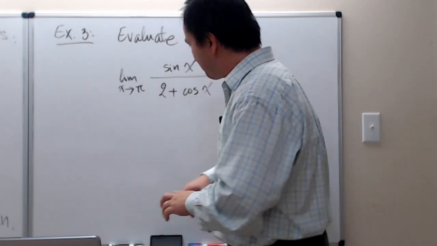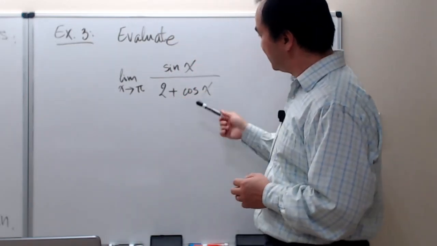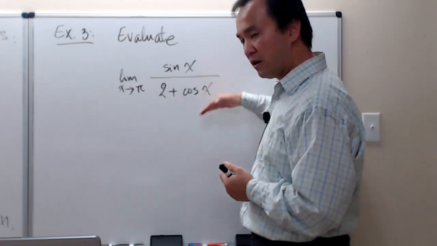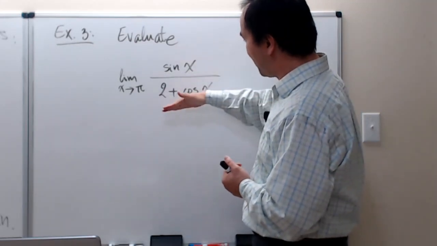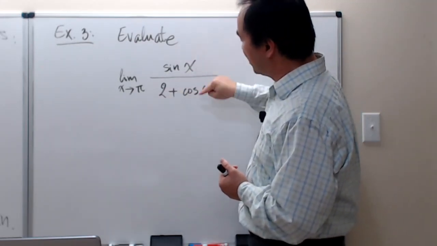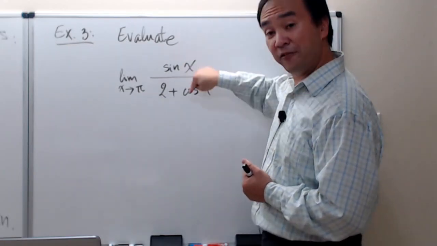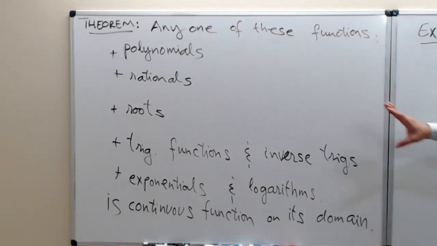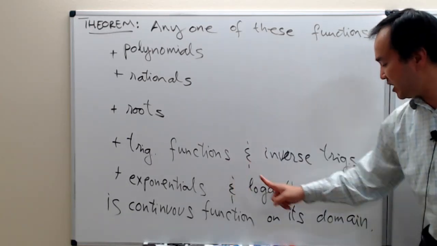But now, if we have a closer look at the actual function, it has a quotient, and a limit law has a rule that we can handle a quotient. If we go further, applying the further limit laws, eventually we're going to run into handling limits of trig functions. And once again, back to the theorem itself, we know that trig functions are classified among those that are continuous in their domain.